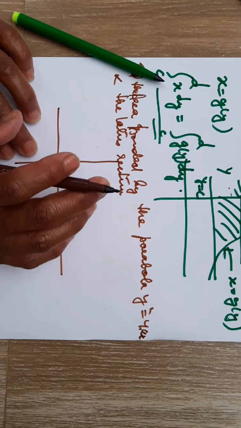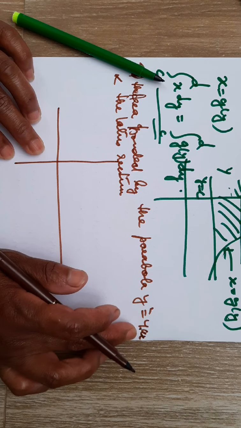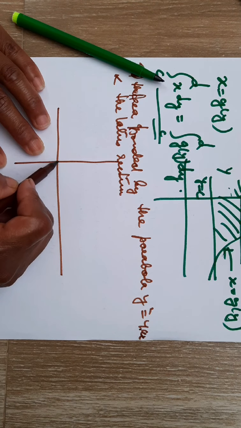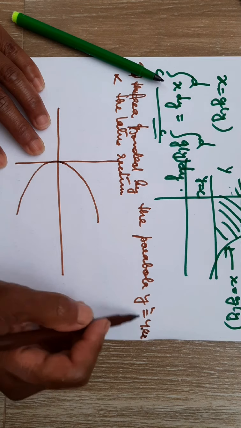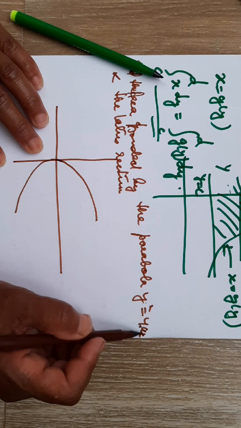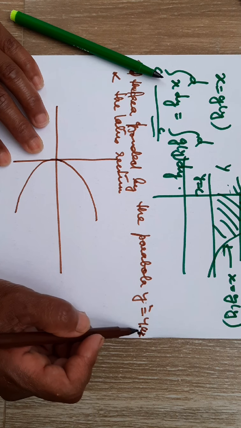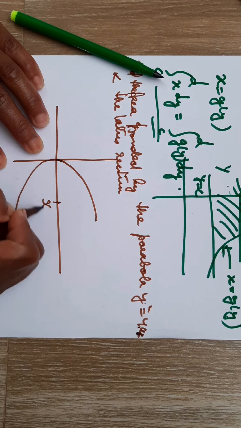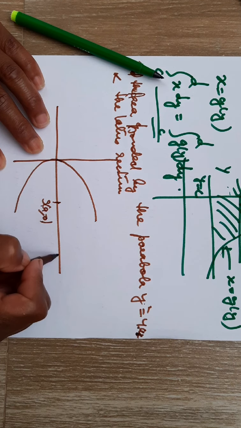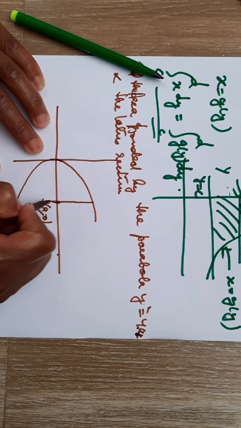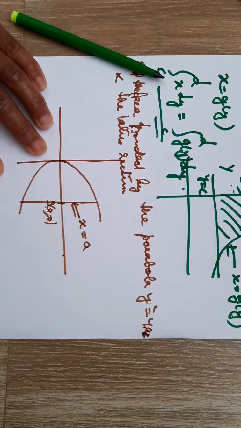Since we are familiar with this standard equation of the parabola that we did in the second semester, I will straight away draw the graph. The latus rectum is a focal chord which passes through the focus, whose coordinates are (a, 0), and is perpendicular to the x-axis. It is represented by the equation x is equal to a.